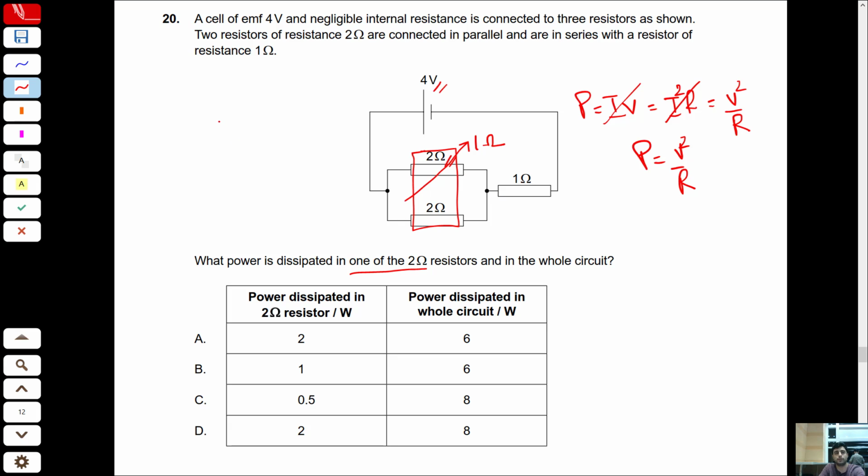Just as an example, if you have 3 resistors, and all of them are 3 ohm, connected in parallel, then the overall resistance will be 3 divided by 3.